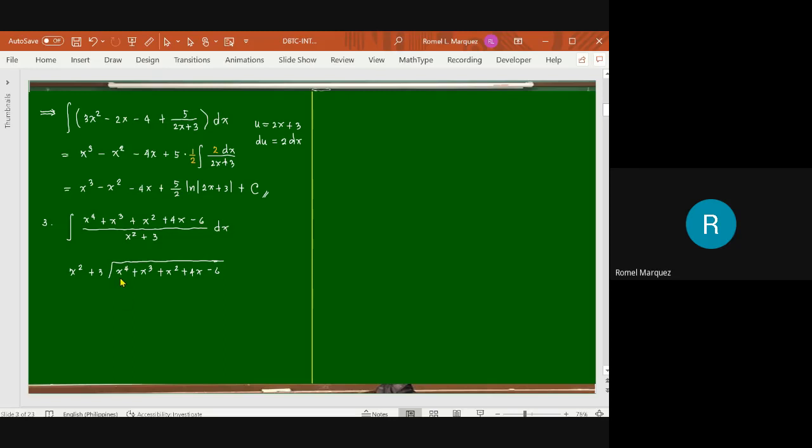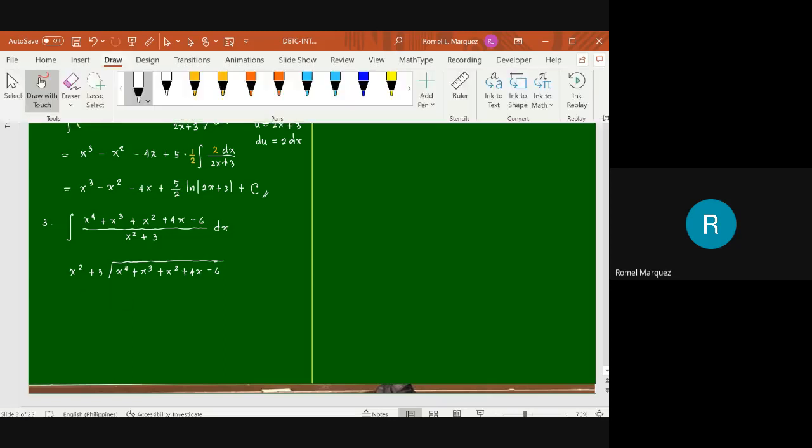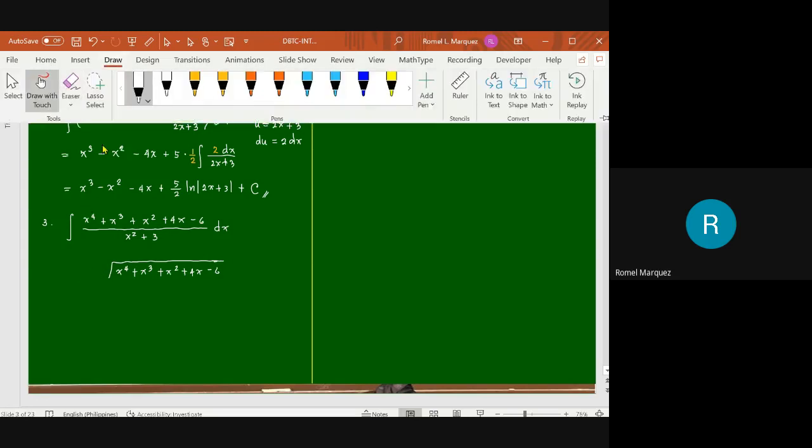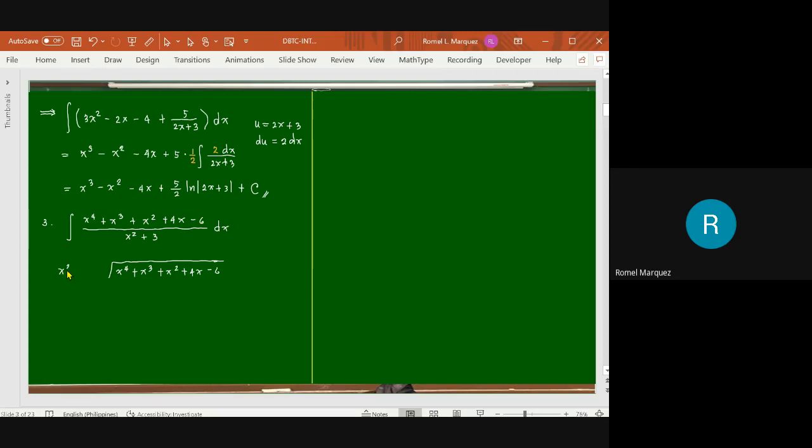So, but let us fix the divisor. So the divisor, you have to complete the number of terms. So what is the missing power? Linear, no? So x. So we have to put 0x. So we have x squared plus 0x and then plus 3. Okay?